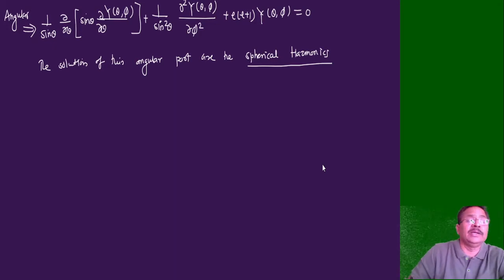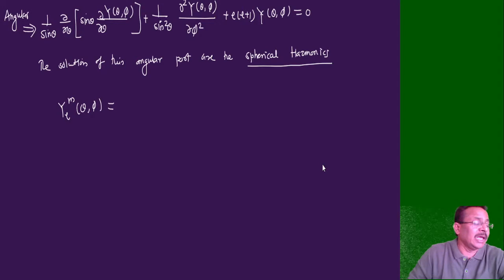Here this solution is given by Y L M, not Y L only. Now this is Y L M. M is related to the magnetic quantum number, and L is related to the orbital quantum number. So try to remember this. This is theta and phi.